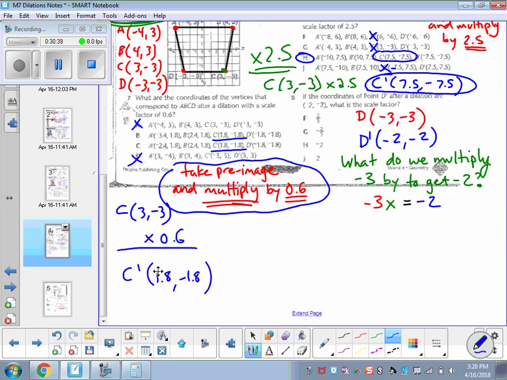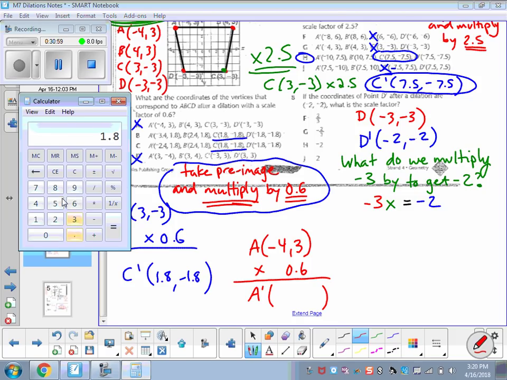Looks like we're going to have to do another one now. Let's take a look at A. A was originally back 4, up 3. So now let's multiply by 0.6 to get A prime. All right, so in the calculator, negative 4 times 0.6.